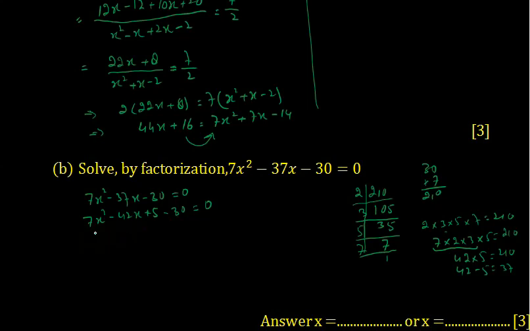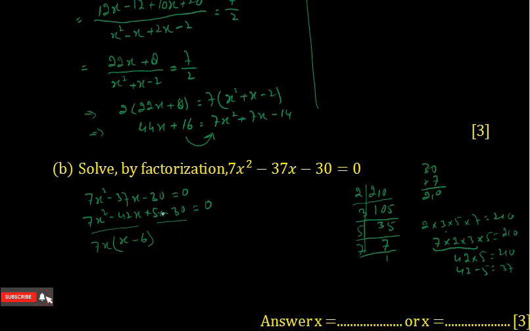Now there are 4 terms, so we make pairs of 2 each. We take 7x common, because 42 comes in the table of 7, so x remains because it is x square and we have taken one power of x as common, and 7 sixes are 42.